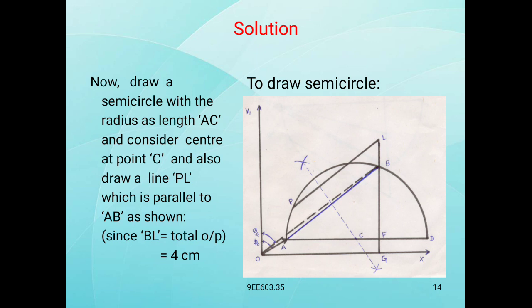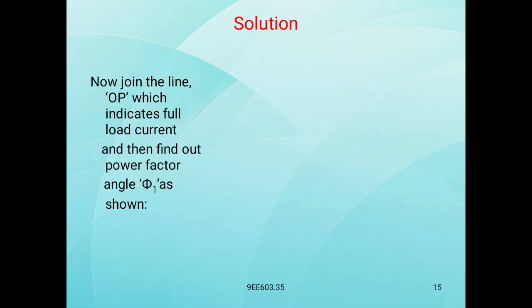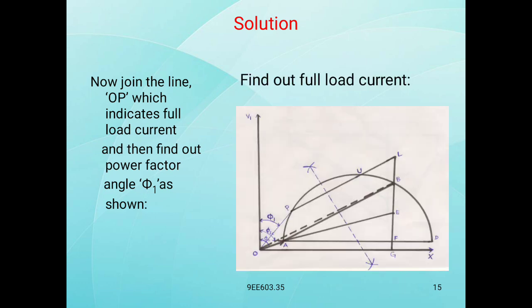Since BL is total output, that is 4 centimeters, now join the OP which indicates the full load current, and then find out the power factor and phi 1 as shown in figure.